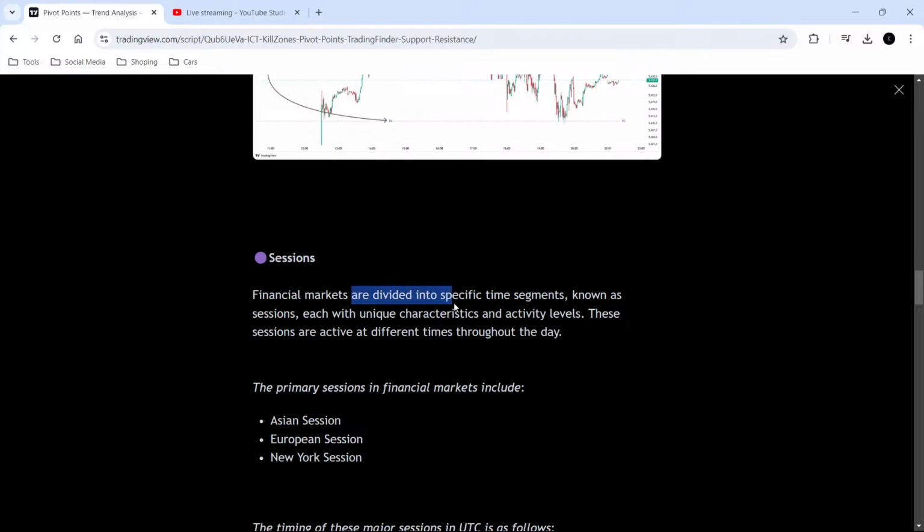Financial markets are divided into specific time segments, known as sessions, each with unique characteristics and activity levels. These sessions are active at different times throughout the day. So basically different sessions have different behaviors because those are three different markets: Asian, European, and New York session.